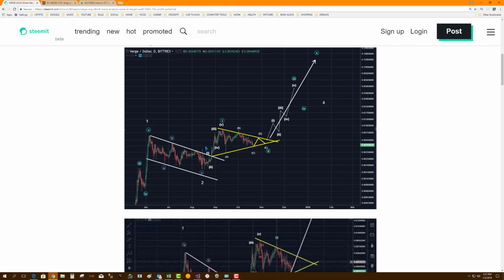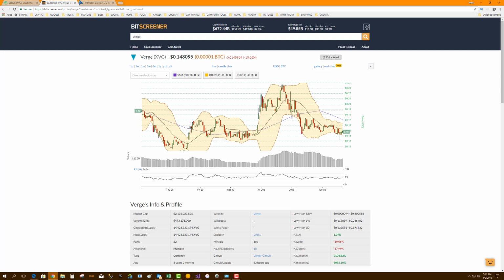And we've completed A, B, C, and we're kind of in the middle of D. And then after that, there's the breakout. So with that being said, let's look.